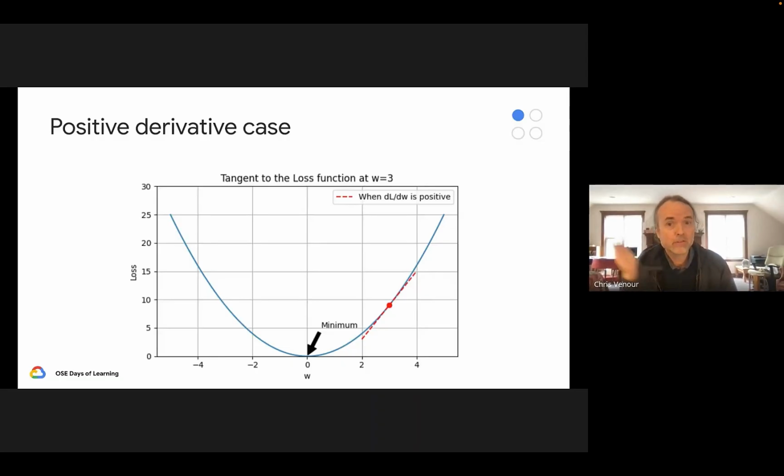But if the derivative of the loss function with respect to the weight is positive, that means we're on the right side of the loss function. And in that case, backpropagation will subtract a small number from the weight to get closer to the minimum.